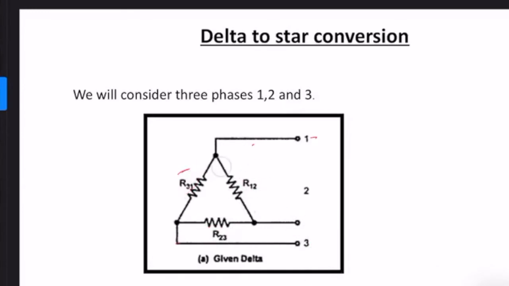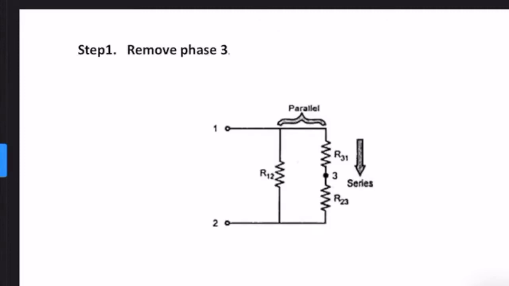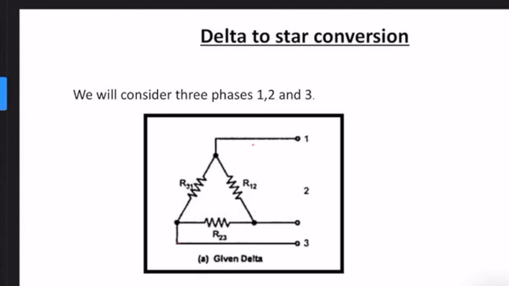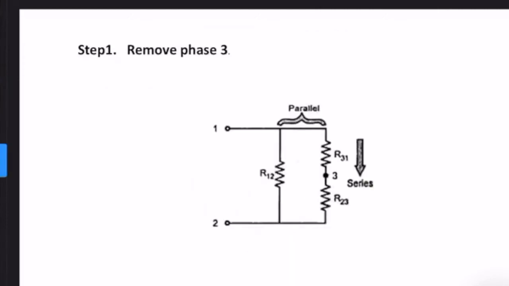So what is going to be our first step? First step says remove phase 3 from this figure. Phase 3 is where? This is your phase 3. So we have to remove this phase 3. If we remove this phase 3, what is going to happen?